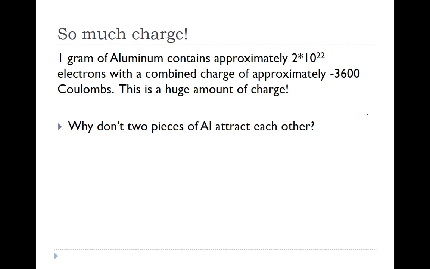And the answer is because invariably I have an almost equal number of protons. Or those two pieces of aluminum in general have equal number of protons and electrons. And because they have an equal number of protons and electrons, they are electrically neutral.